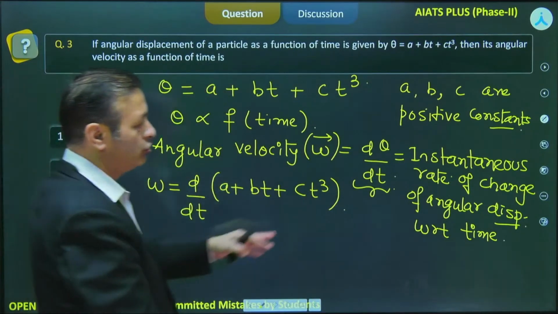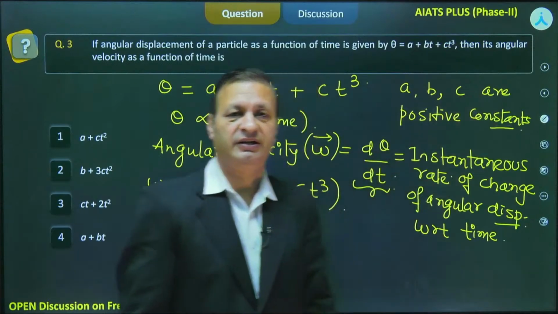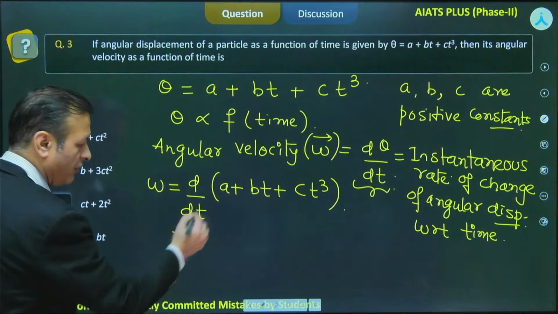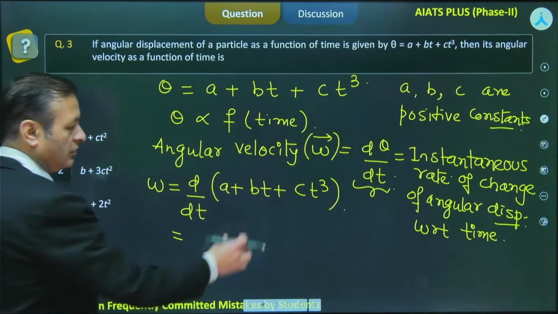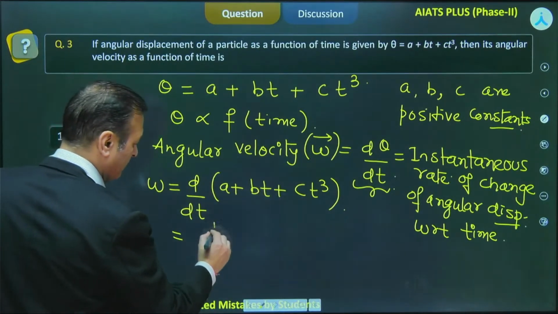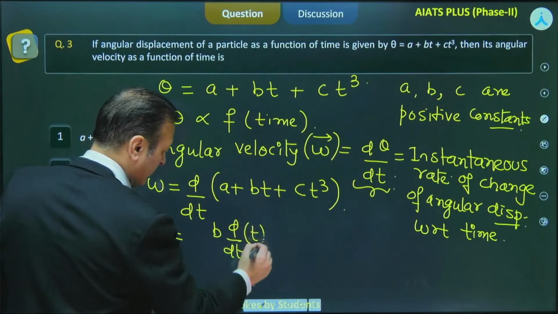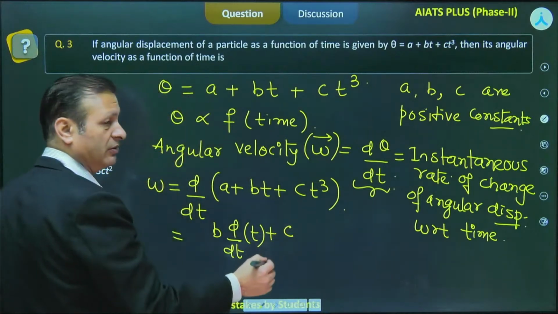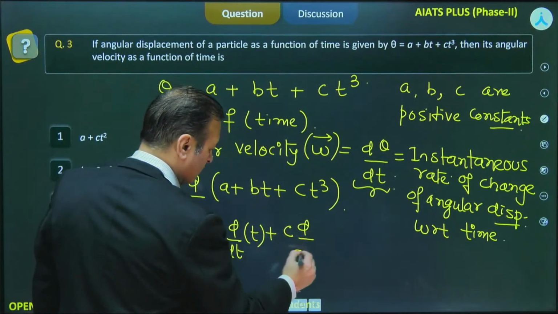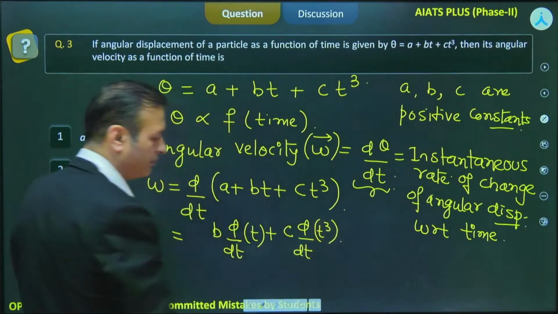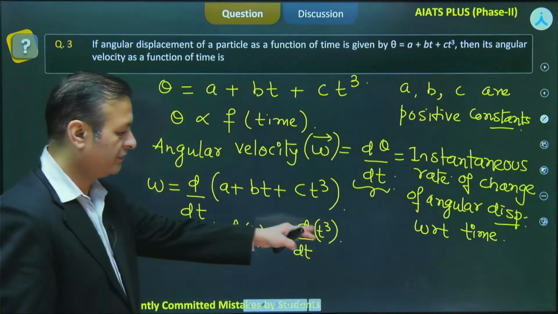A is defined as a constant, so the derivative of the constant part is 0. Then d by dt of bt, and d by dt of ct cube.